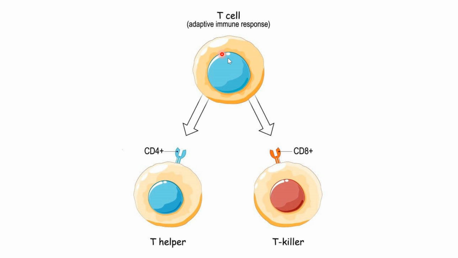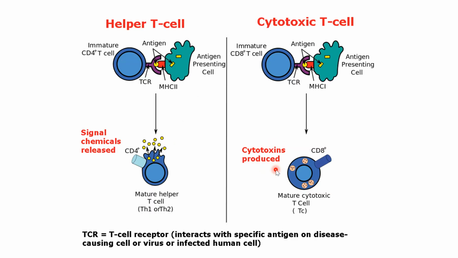So your T cell can either be classified as a T helper cell or a cytotoxic T cell. The cytotoxic T cell is also known as a T killer cell, okay? The T helper cell expresses the CD4 receptor, the cytotoxic T cell or the T killer cell expresses the CD8 receptor.